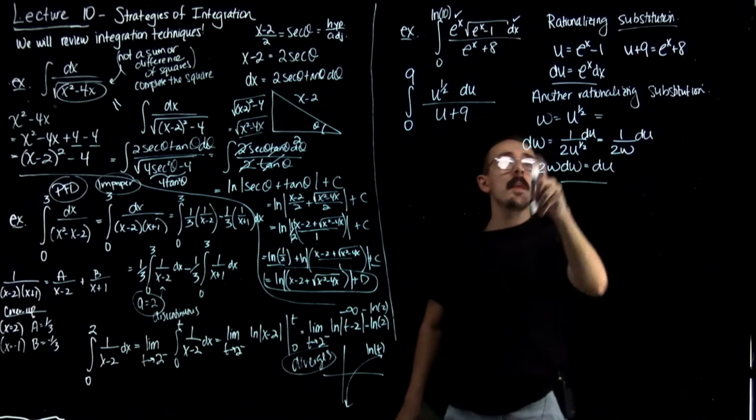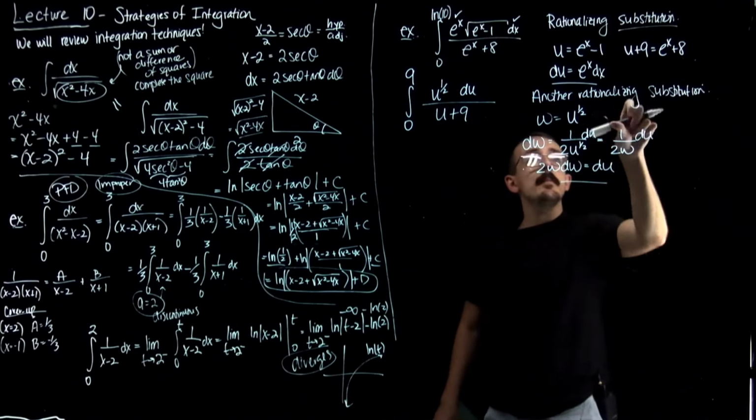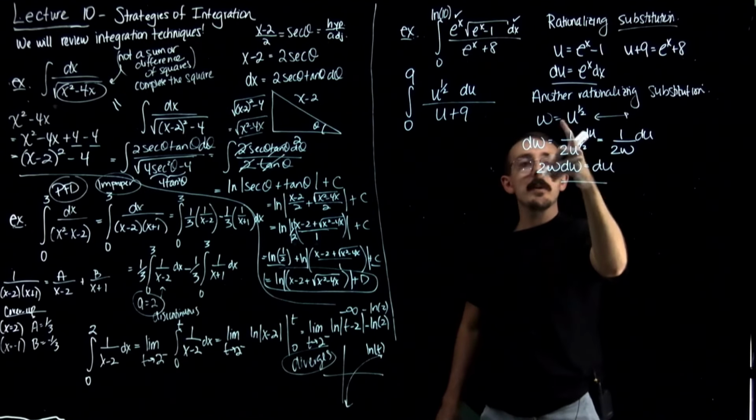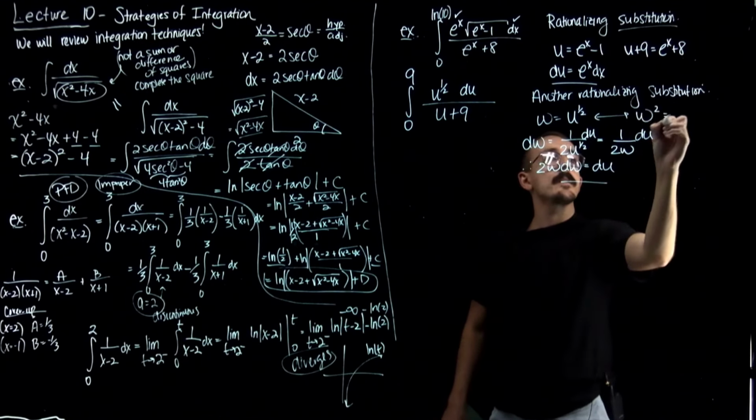And then what about this? If w is u to the 1/2, if you square both sides, w squared is equal to u.